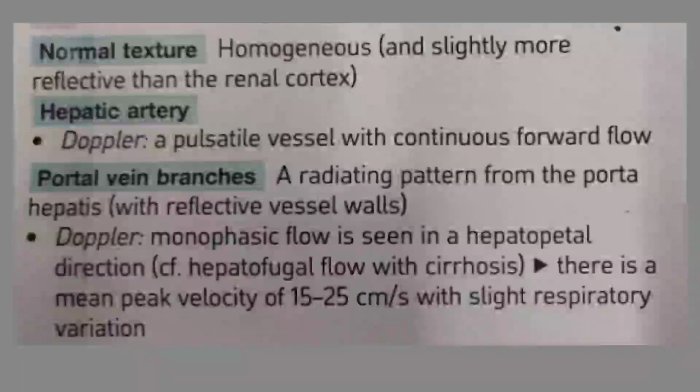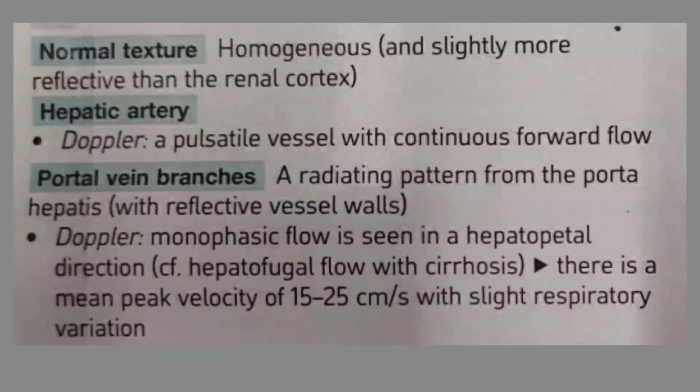As far as the liver is concerned, liver echogenicity is slightly greater than the adjacent renal cortex, especially the right one. So it should be compared with the right renal cortex. Normally the liver parenchymal echogenicity should be slightly increased compared to the renal cortex on the right side.